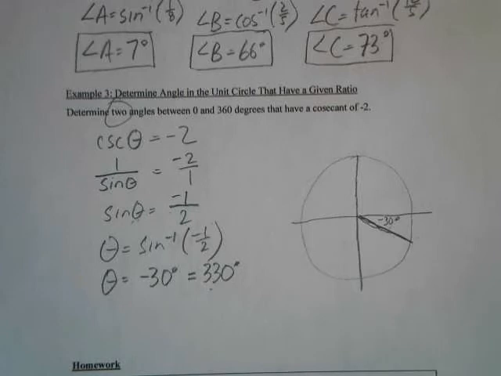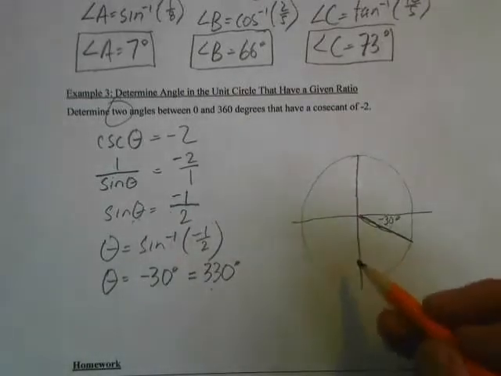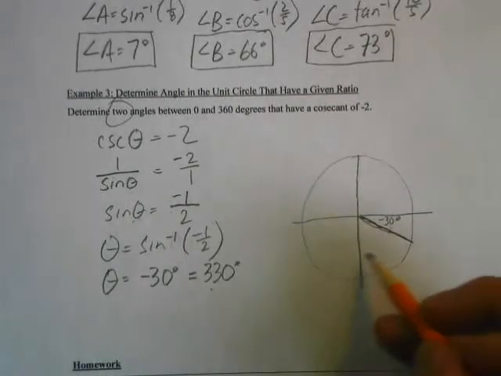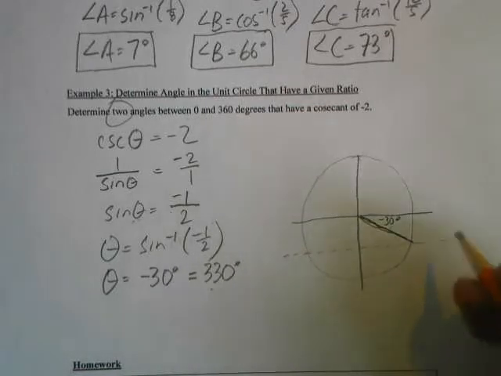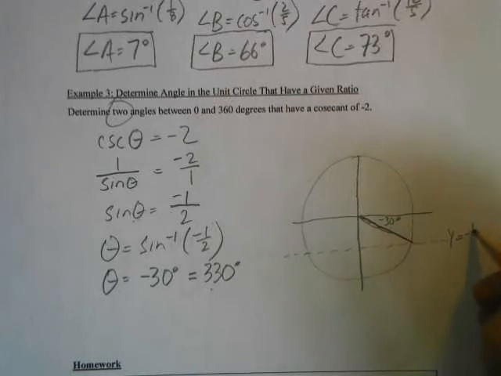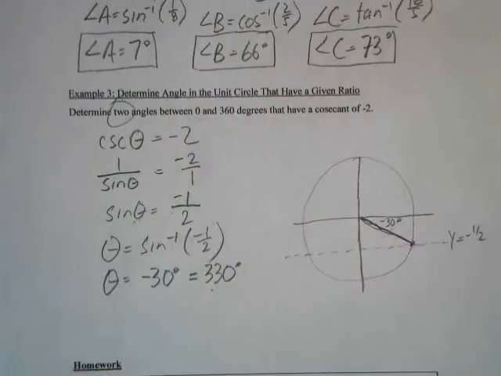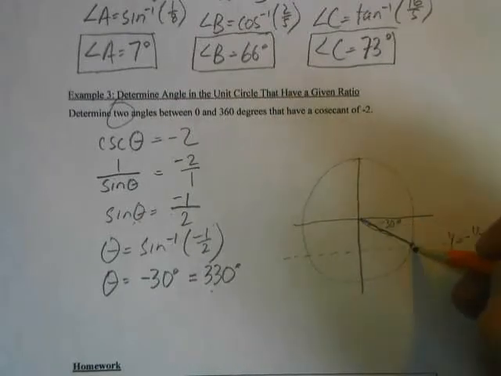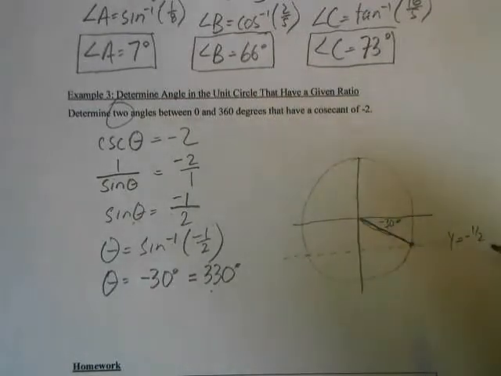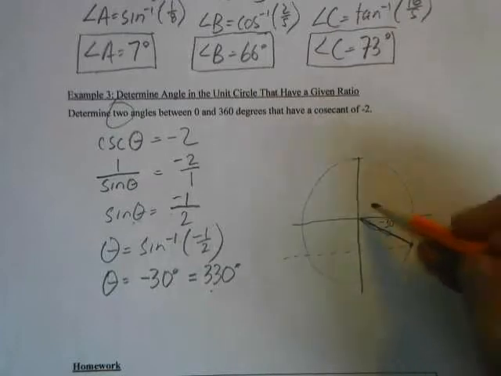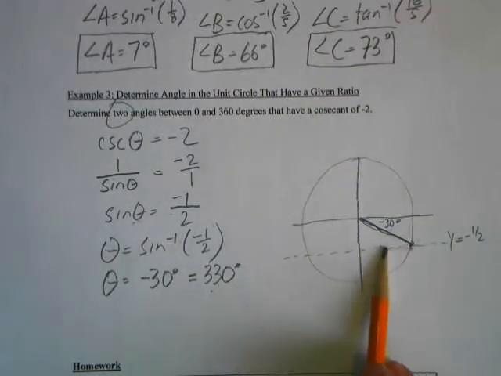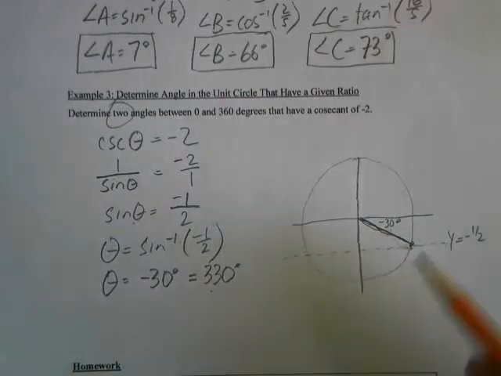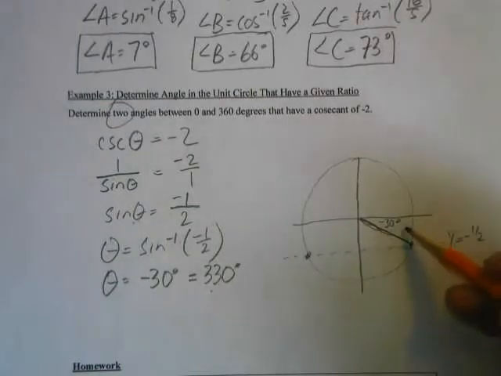So it's basically saying the y value is -1/2. If I actually drew y equals -1/2 on here, it would intersect at that point on the circle, which would give us that 330 degree angle, or -30, whichever way you want to call it. But it actually intersects the circle at another spot over here, which is the mirror image of this angle.